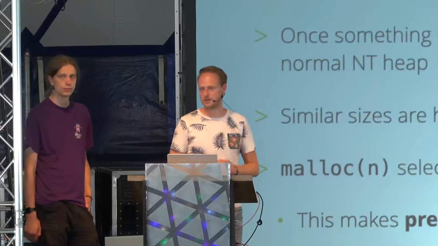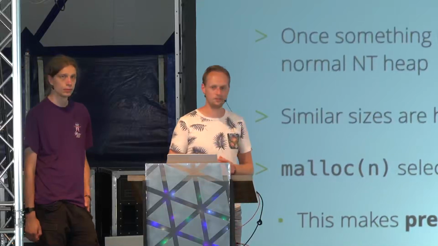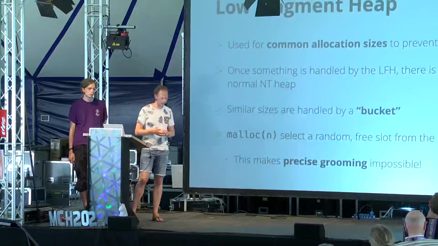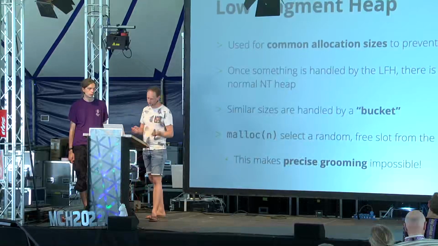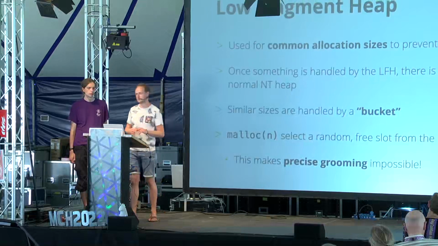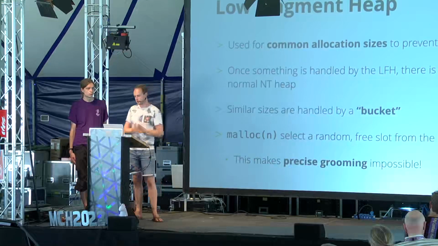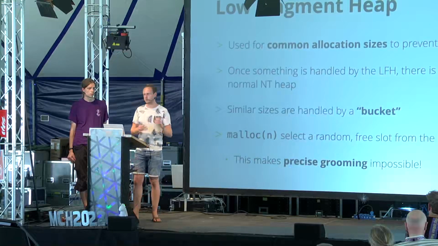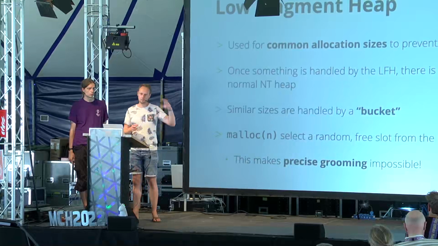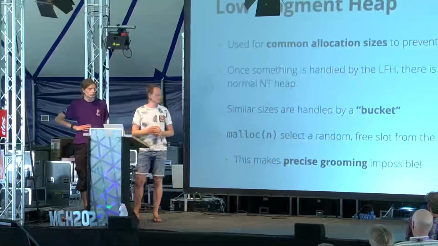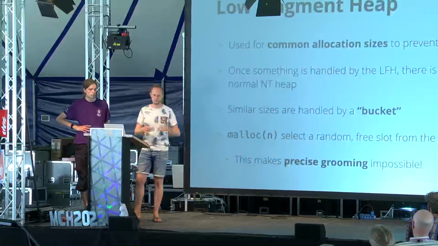The low fragmentation heap uses randomization, so it has no fixed block that it will return if you request some memory. This is specifically done to make exploitation more difficult. So if something is on the low fragmentation heap, precise grooming, making sure that the block behind our buffer contains what we want it to contain, is nearly impossible because of the randomization.